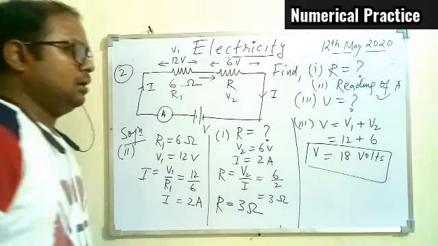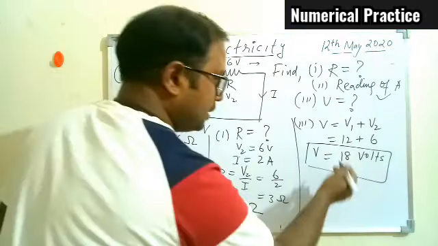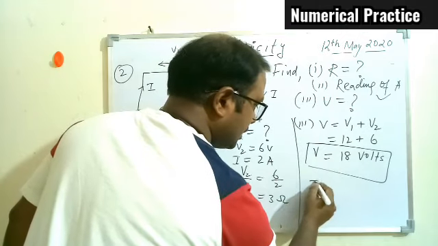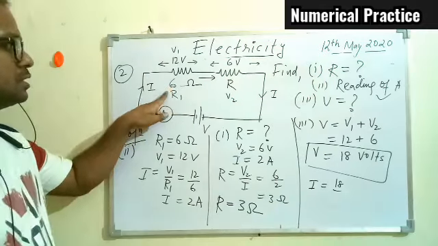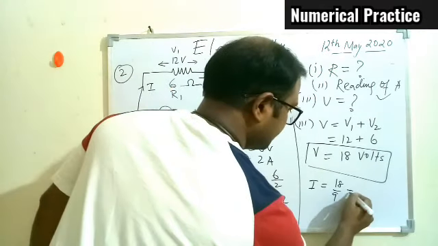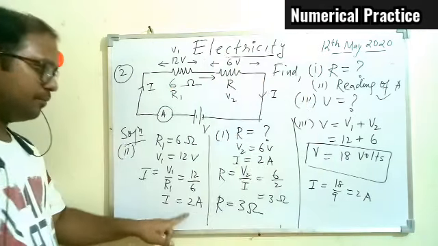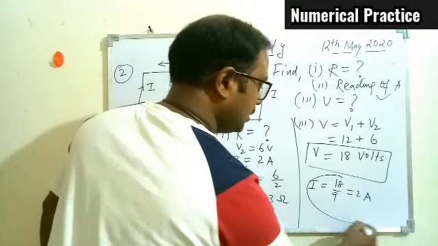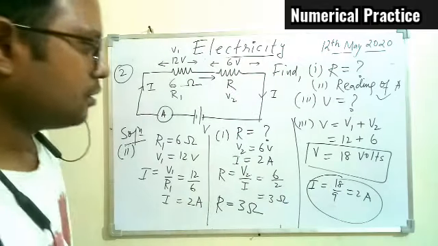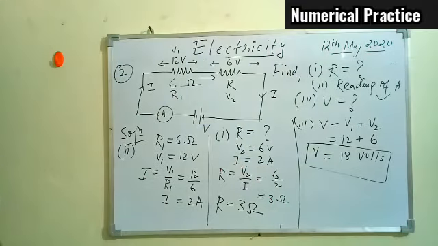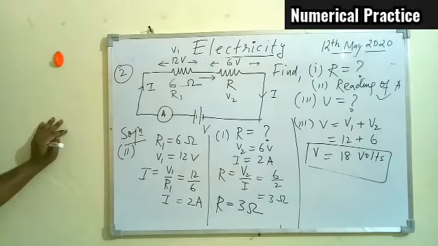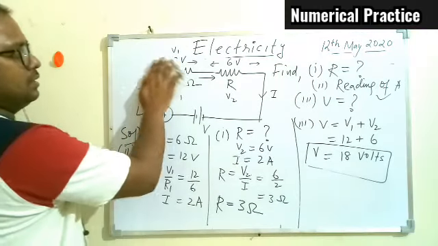You can also verify: total current is 18 upon the total resistance, 6 plus 3, 9, which is the same. That is how we can verify, but it is not required here. I hope this part is also clear. That is just the application of Ohm's law, nothing else.